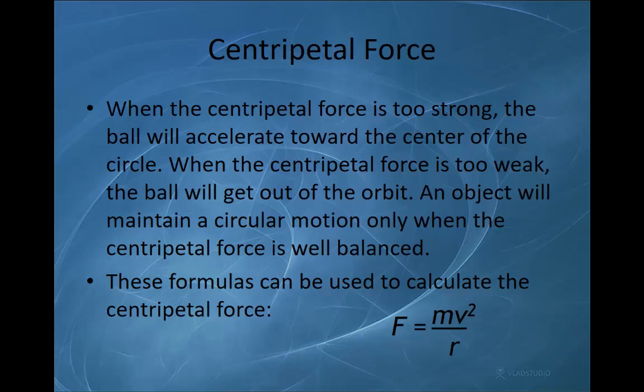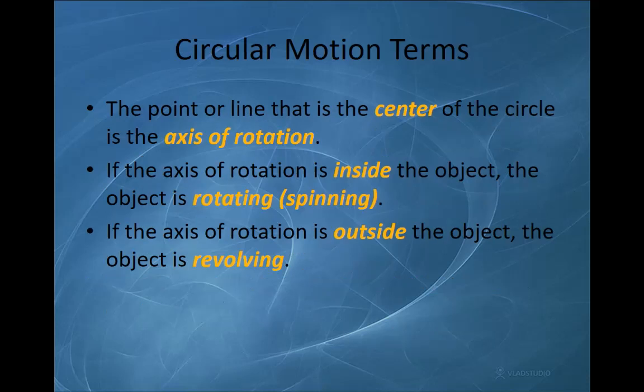Now, this is where these terms come in, and this is important if you're interested in astronomy and trying to understand the difference between a dwarf planet versus a traditional planet. The point or line that is the center of the circle is the axis of rotation.